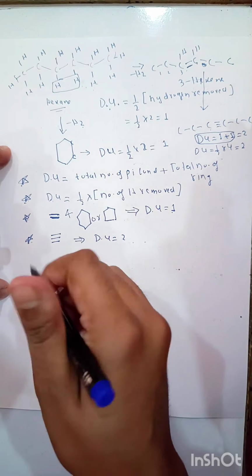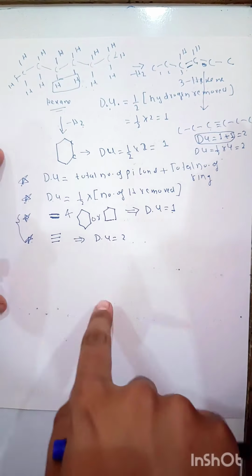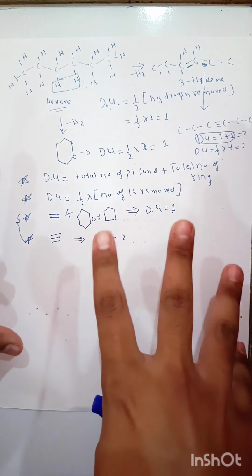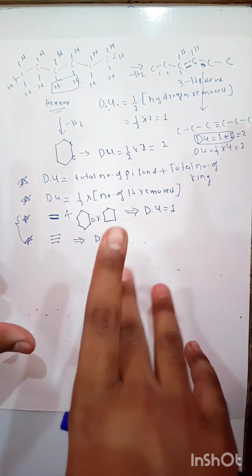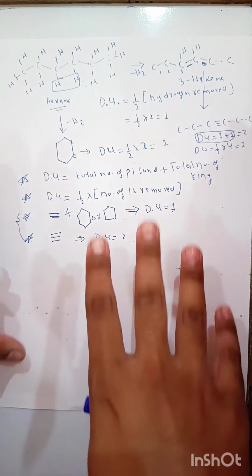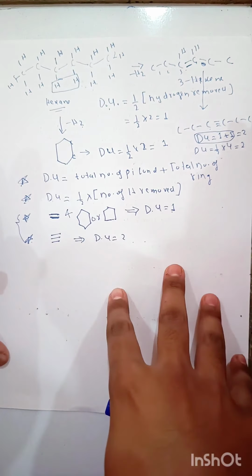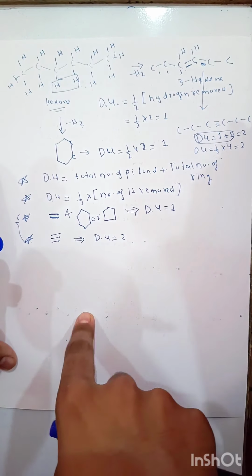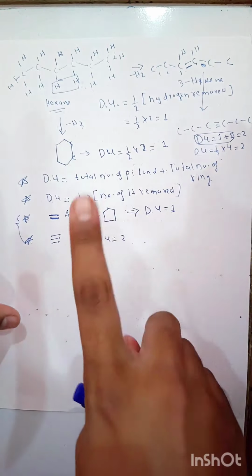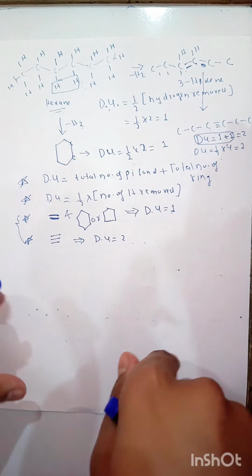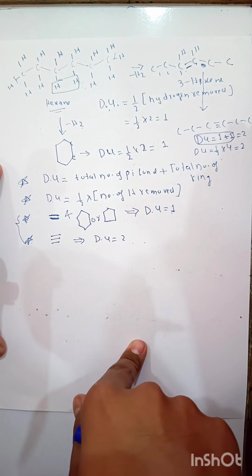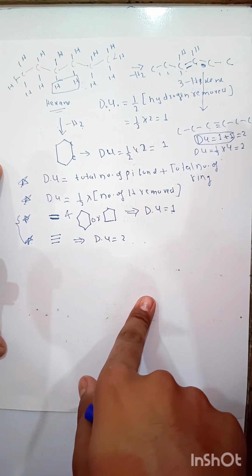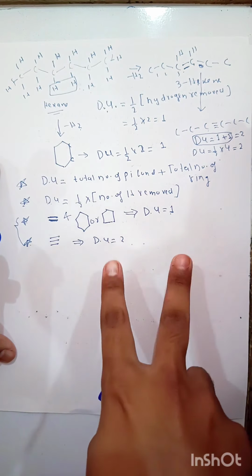Very important thing, these will help us in question solving. We will be taking many different methods. First we will be solving by taking some compounds, putting them in the formula and calculating DU by that method. Then we will look at the structure and find the degree of unsaturation by the counting method and by the ring opening method.